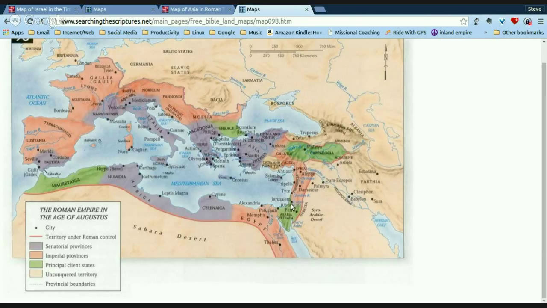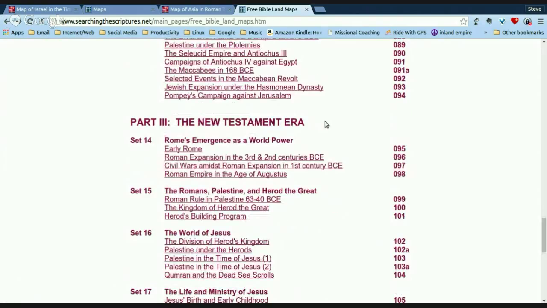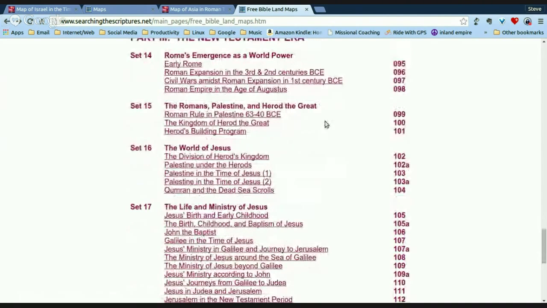Their perspective about the world is the colored area of what you're looking at right here. A little bit more of a spread, because in this area over here, they would have certainly considered that to be part of the inhabited or known world. But essentially, they would have been thinking about the area of the occupation of the Roman Empire. And so it's kind of good to see this map here. Later on, the Roman rule would extend, but nonetheless, that would be what we would understand as the Roman Empire.